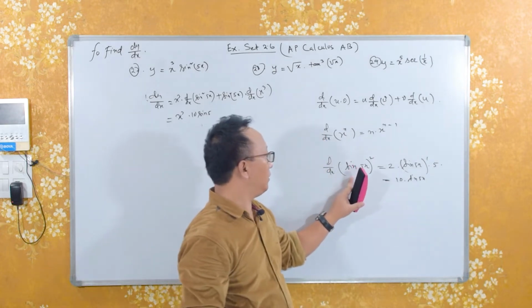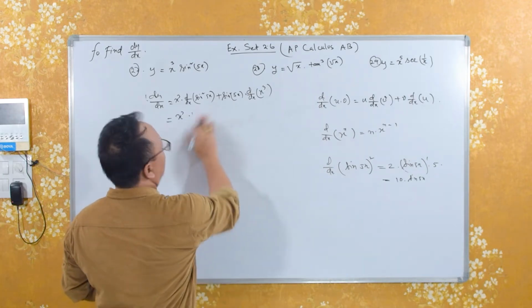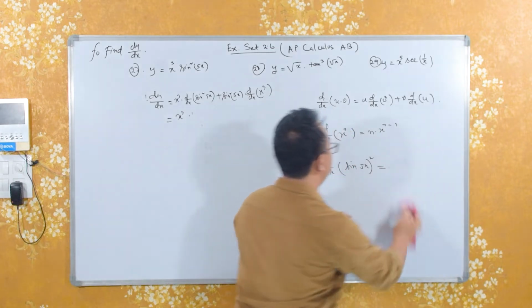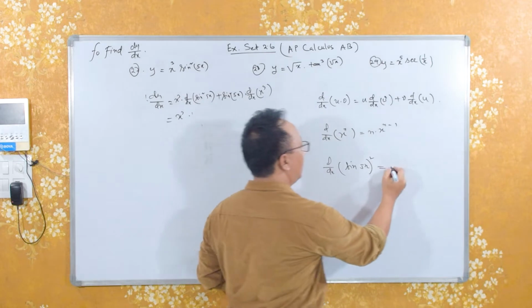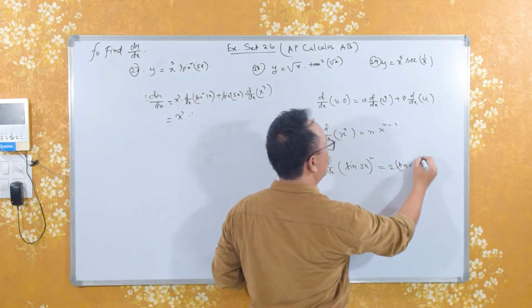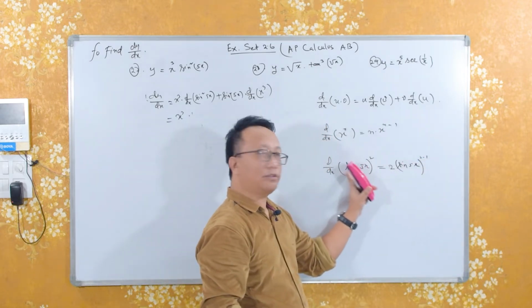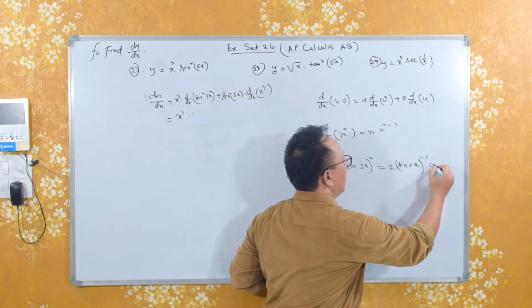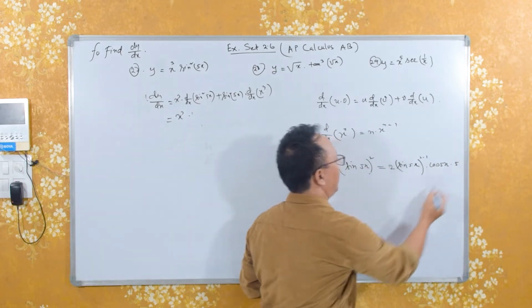Now the derivative of sine square 5x: applying this formula, it will be 2 sine 5x raised to 2 minus 1 into the derivative of sine 5x. The differentiation of sine 5x is cos of 5x, and again the derivative of 5x is 5.